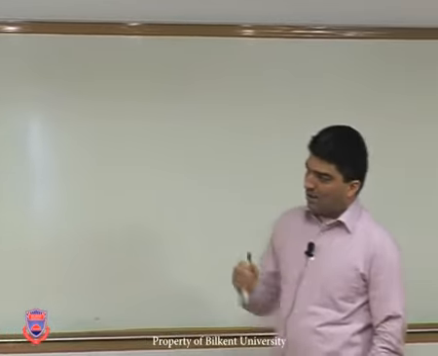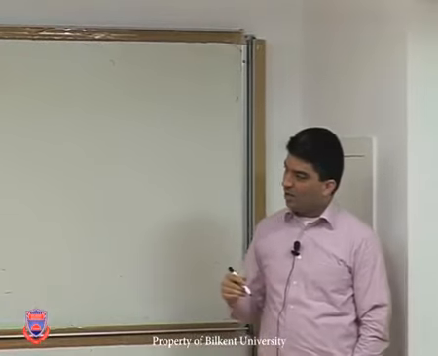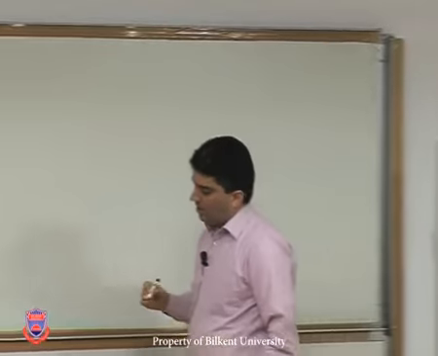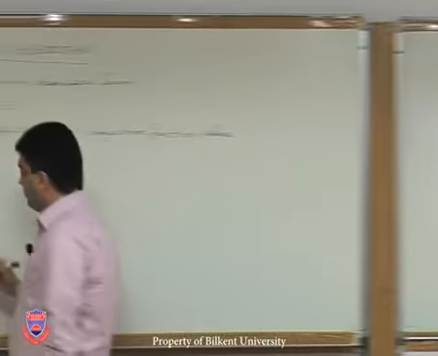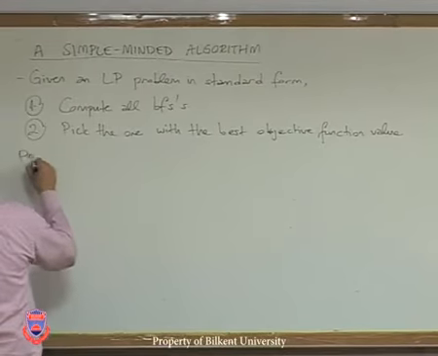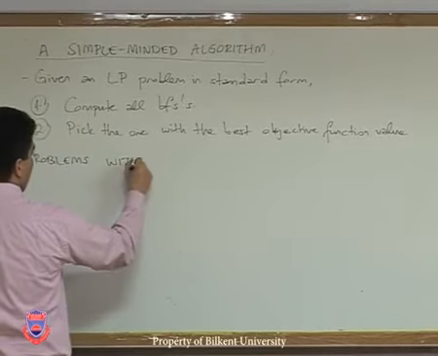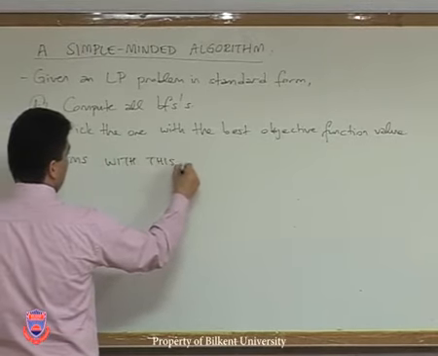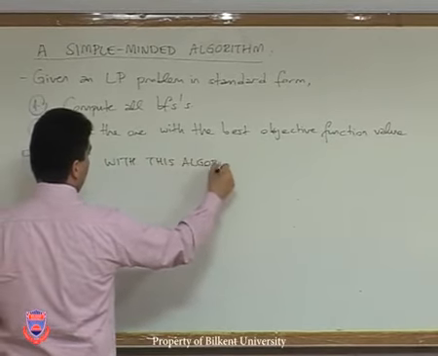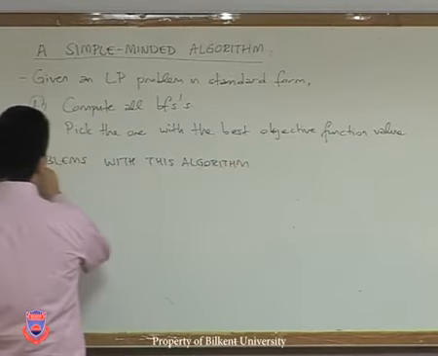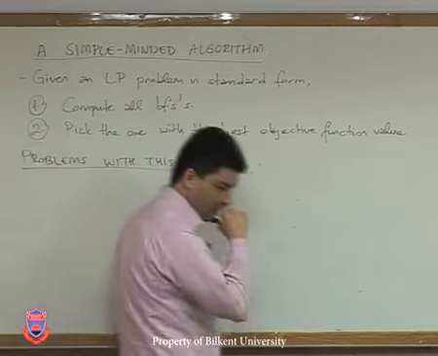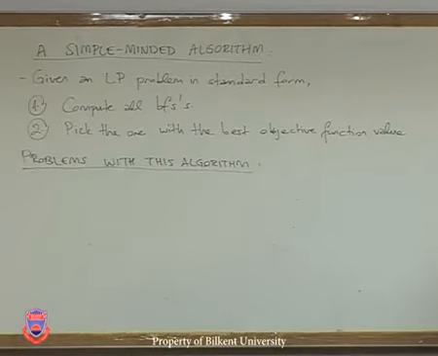However, there are some problems with this algorithm, and I'm going to try to argue what those problems are. So what are the problems with this algorithm? Can anyone think of any problems?